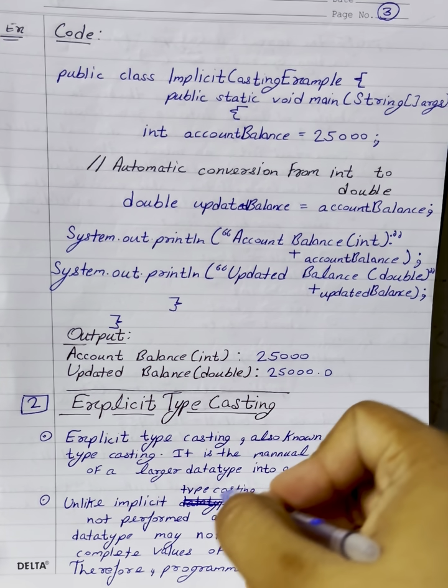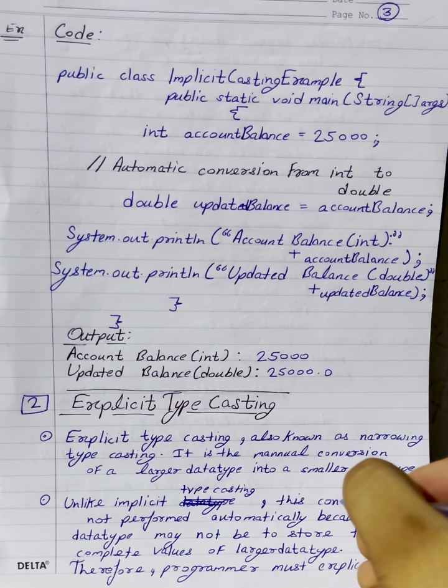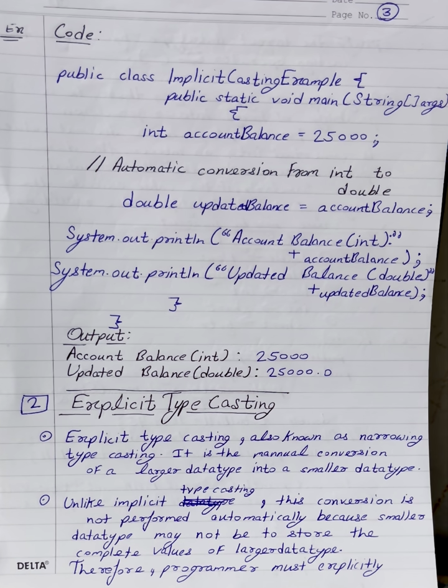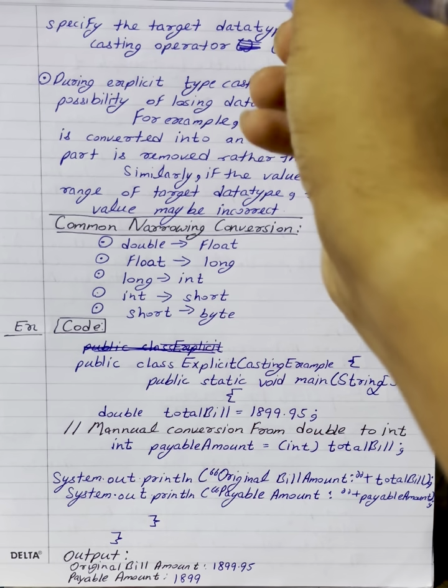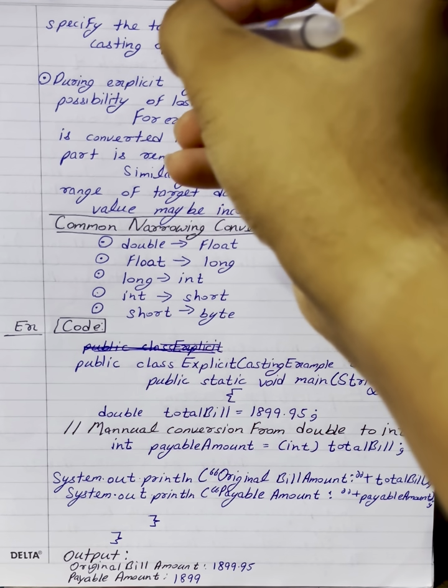Unlike implicit typecasting, this conversion is not performed automatically because the smaller data type may not be able to store the complete values of the larger data type. Therefore, programmers must explicitly specify the target data type by using the casting operator, like brackets with the type. I will show you on the next page. So that was the operator I was talking about.